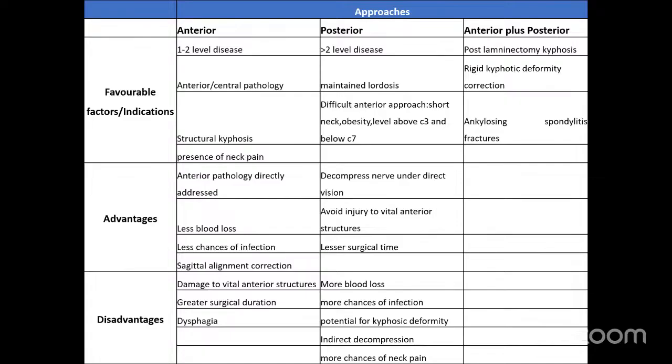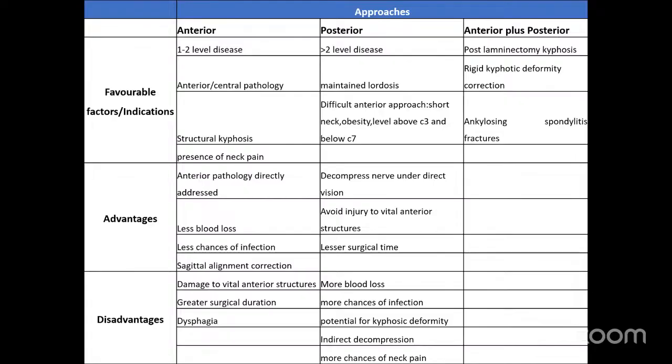Now, neck pain, right? This term is very vague nowadays. According to the statistics, 80% of people living in this world, not only in India, will have neck pain once in their lifetime.